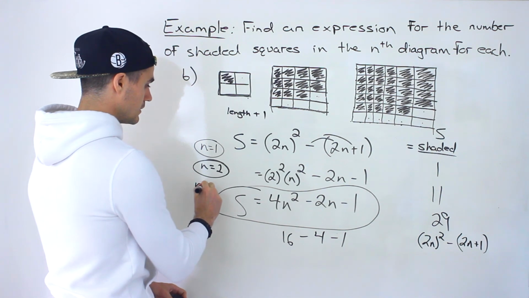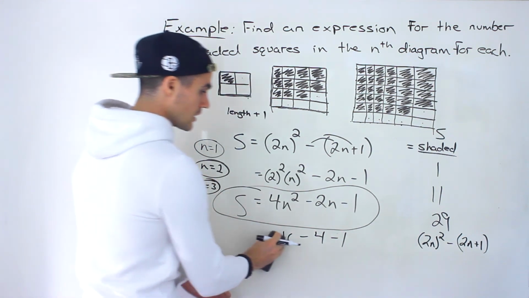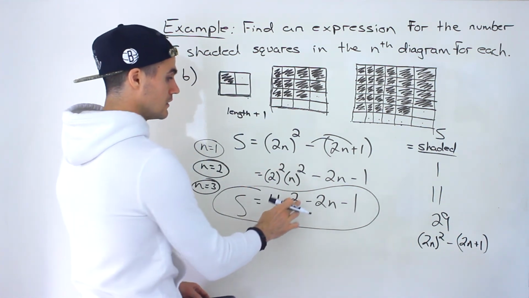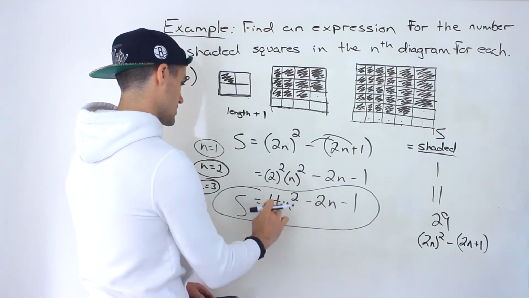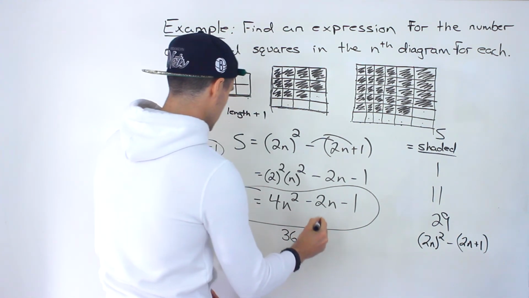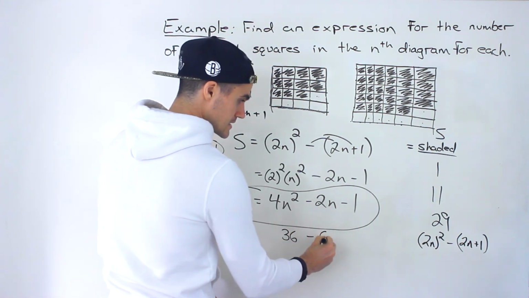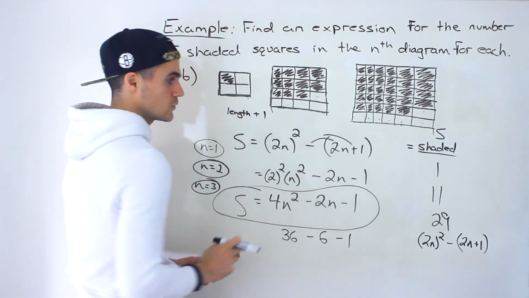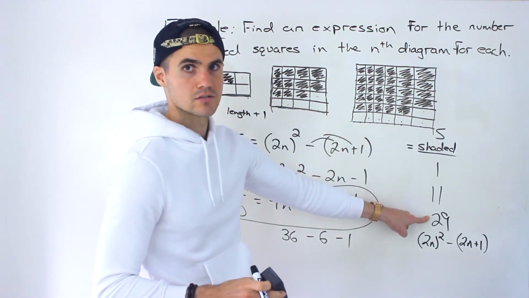And then finally, for an n value of 3, plugging in 3 here, 3 to the power 2 is 9. 9 times 4 would give us 36, minus 2 times 3 is 6, minus 1. 36 minus 6 is 30, minus 1 gives us that 29.